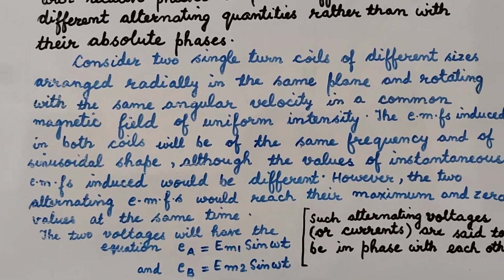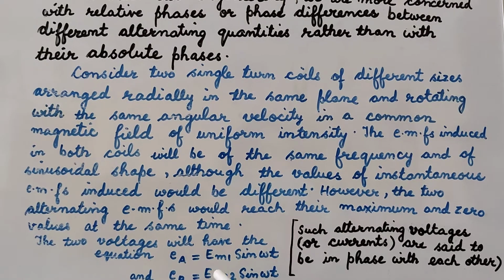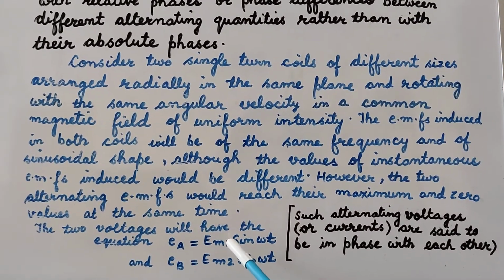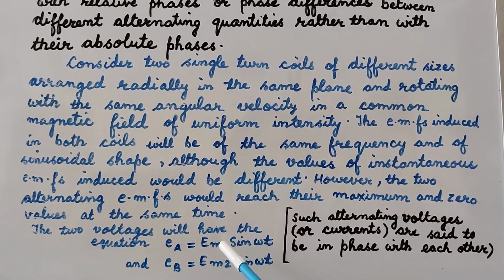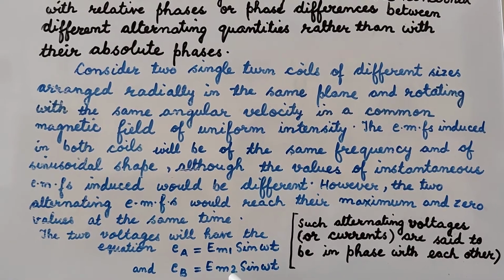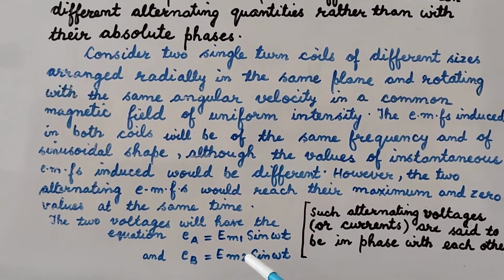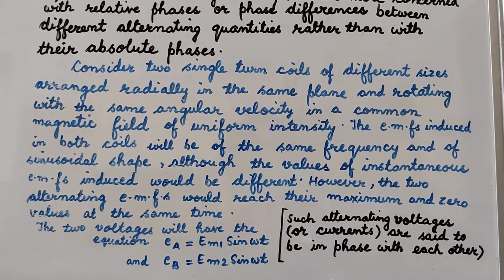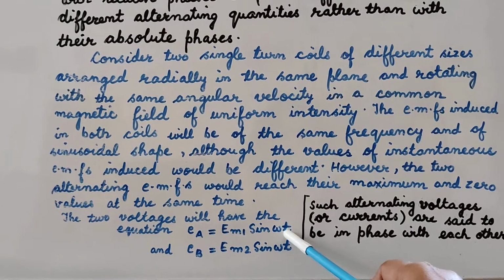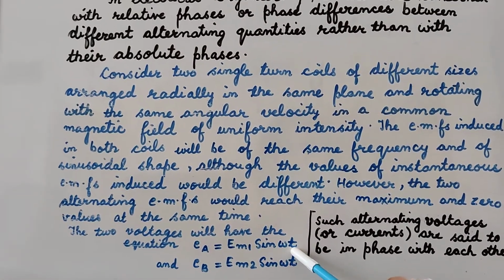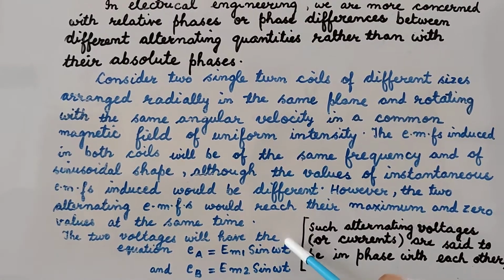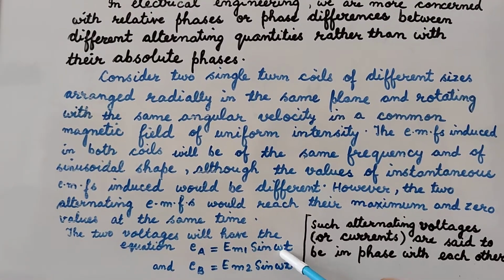Similarly, the EMF induced in coil B will be EM2 into sine omega t, where EM1 is the maximum value of the EMF in coil A and EM2 is the maximum value of the EMF in coil B. Here we find that the angle is omega t, and in the second case also the angle is omega t. So both the EMFs have the same angle.